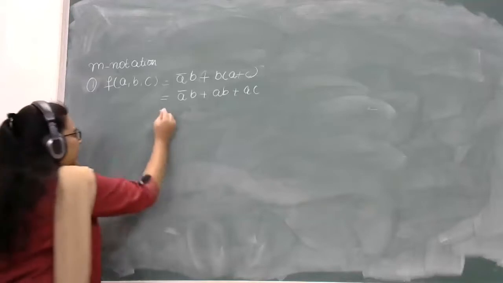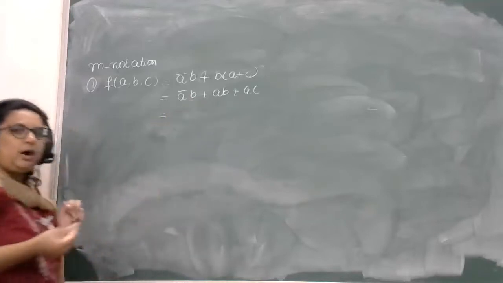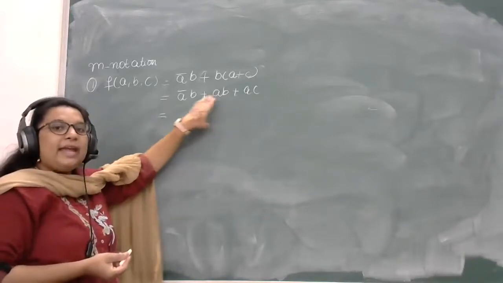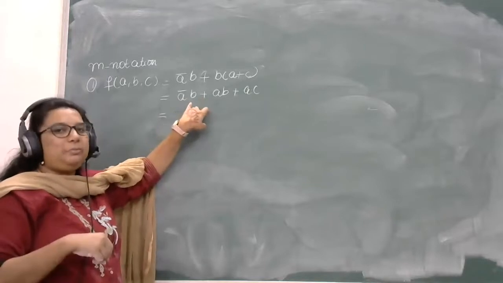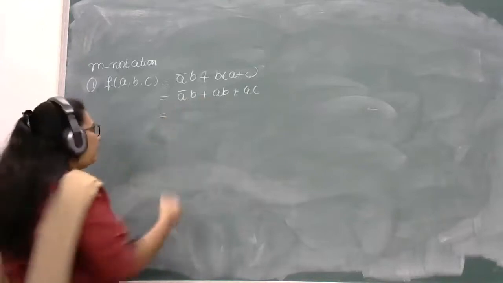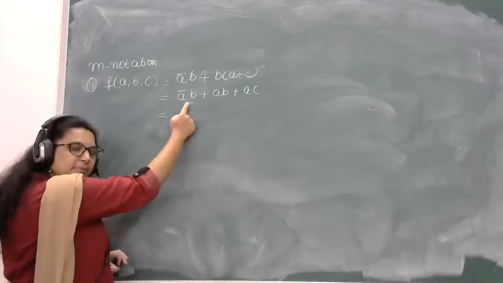Now how do I convert it into a canonical form? I look into each term. In each term, whichever literal is missing, I should include that literal. For that, I'll apply my distributive law. In this particular term, which variable is missing?